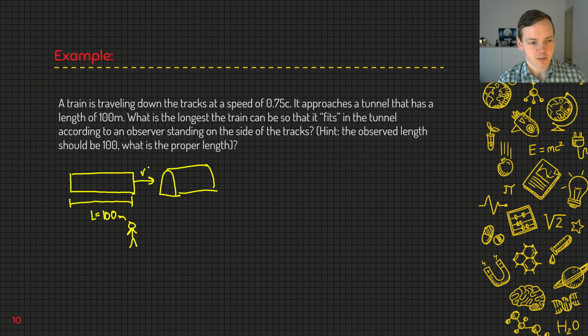And it's going to have some speed v equal to 0.75 c. So let's write out what our gamma is first. It's going to be 1 divided by the square root of 1 minus 0.75 c squared divided by c squared. The c's will cancel, and we get 1 minus 0.75 squared.